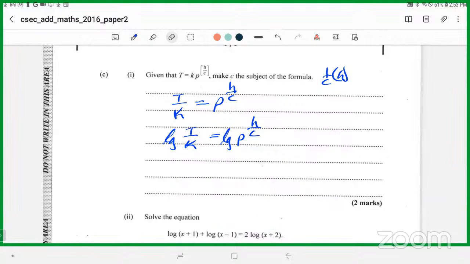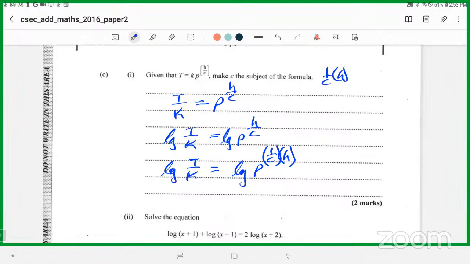Because this h over c, you can write this as the log of t over k equals the log of p to the 1 over c times h. See that?